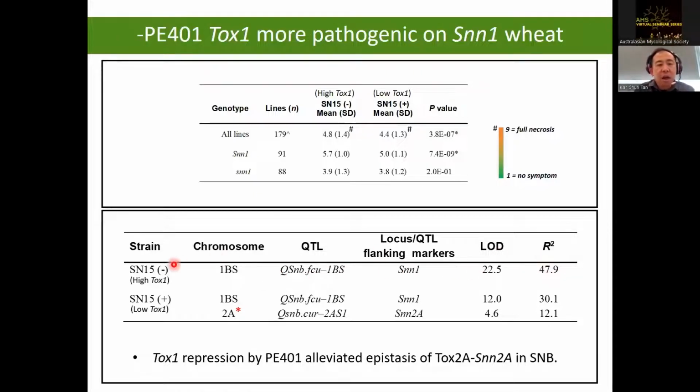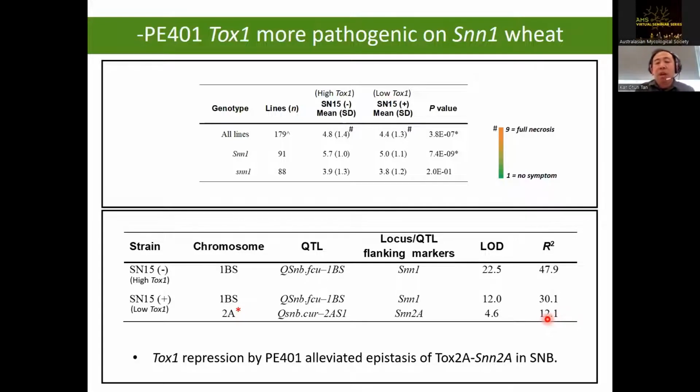When we infect the panel with the low TOX1 producer, TOX1 SNN1 contributes much less to the disease phenotype, whereas TOX2A all of a sudden appears, right? We can now detect the TOX2A SN2A interaction contributing to the disease at a low 12%, although it's not as high, we can detect it.